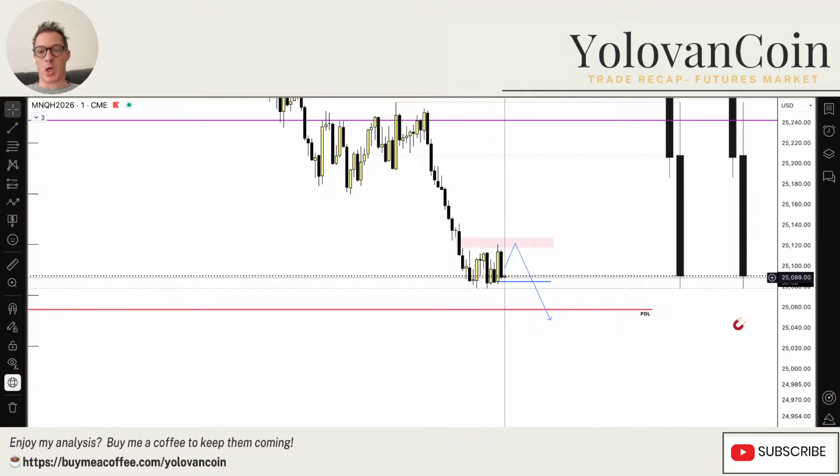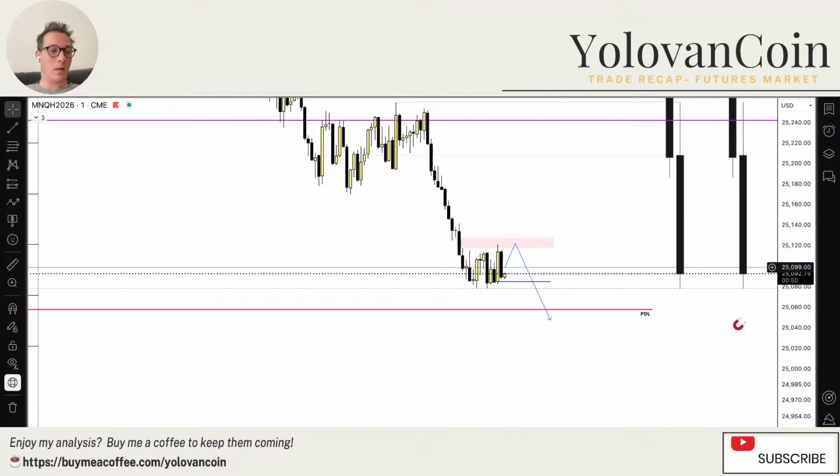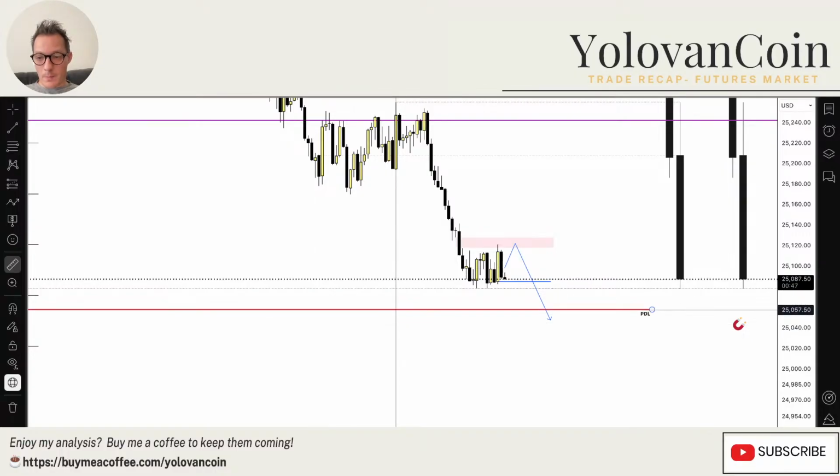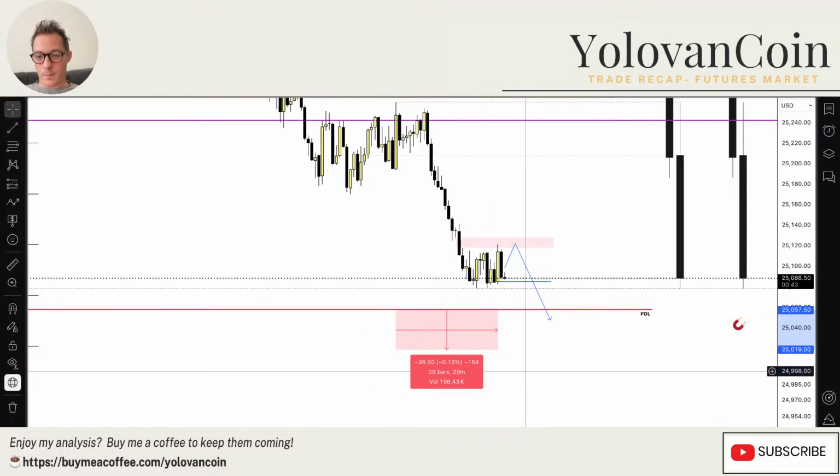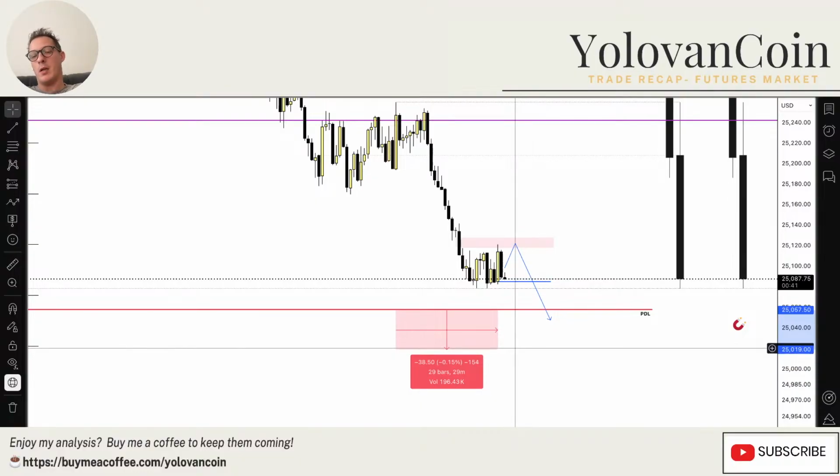I want to see a sharp move, even just a weak one. But because it's pretty low, probably a lot of liquidity. So at least until here, I think it's coming. At least $30, $40 ish is going to come.